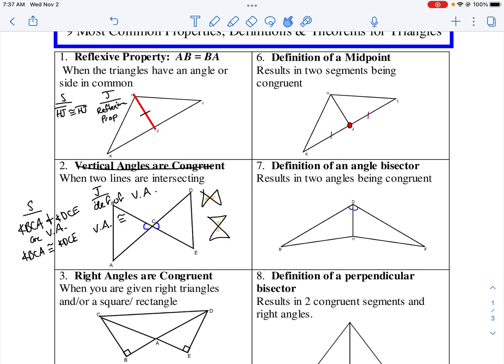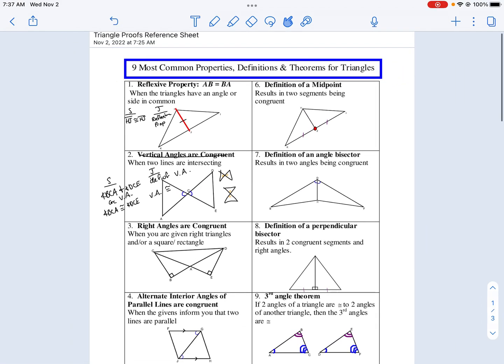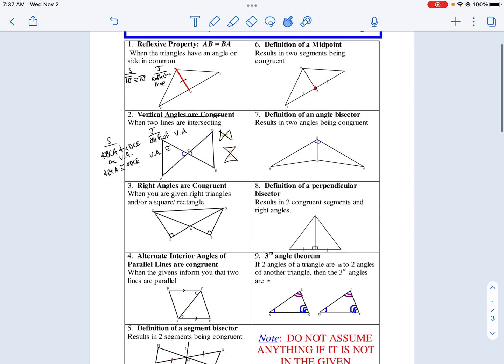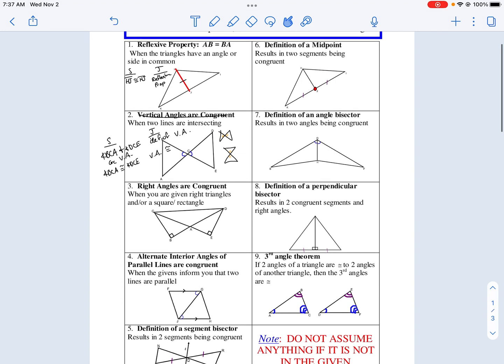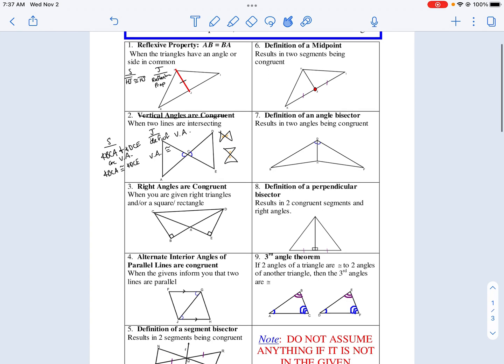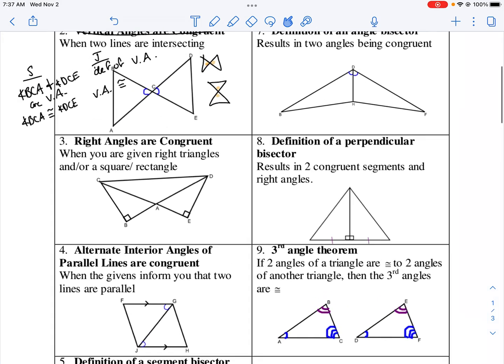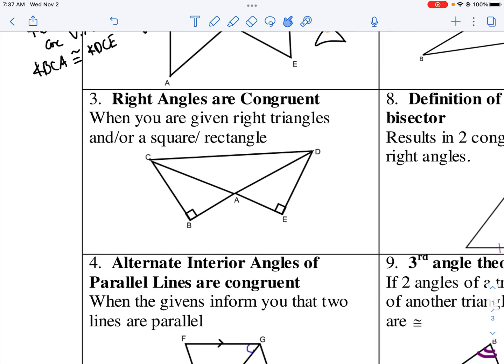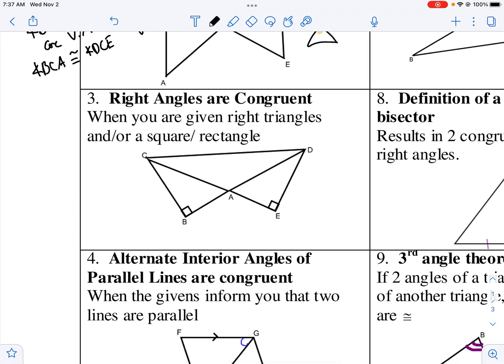And basically how it works is if you have any of these, you write your statement, which is you're saying what is congruent, and then your justification is the proof, the thing next to the number. So like for example here, since this is an angle, two steps.